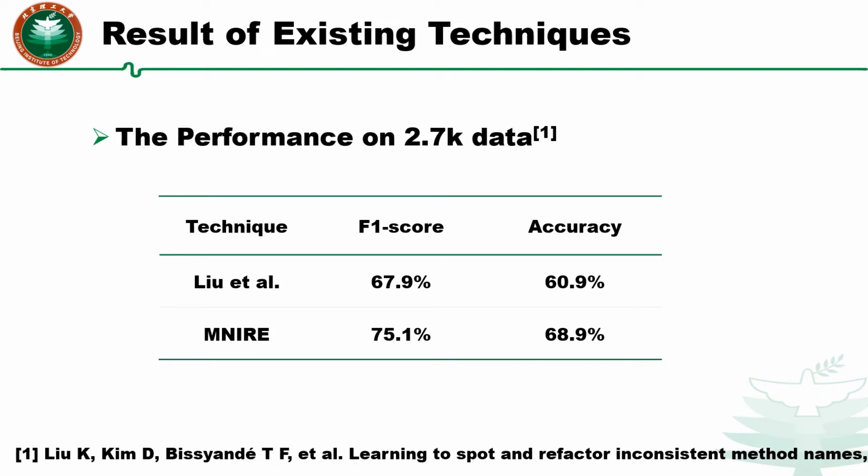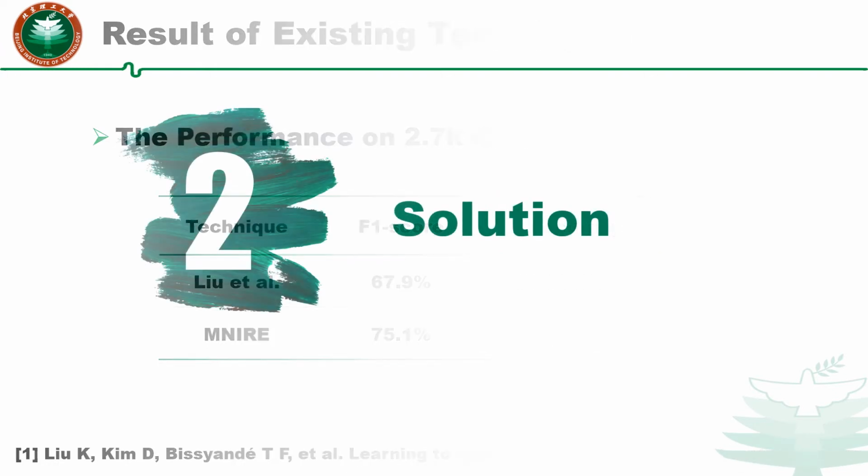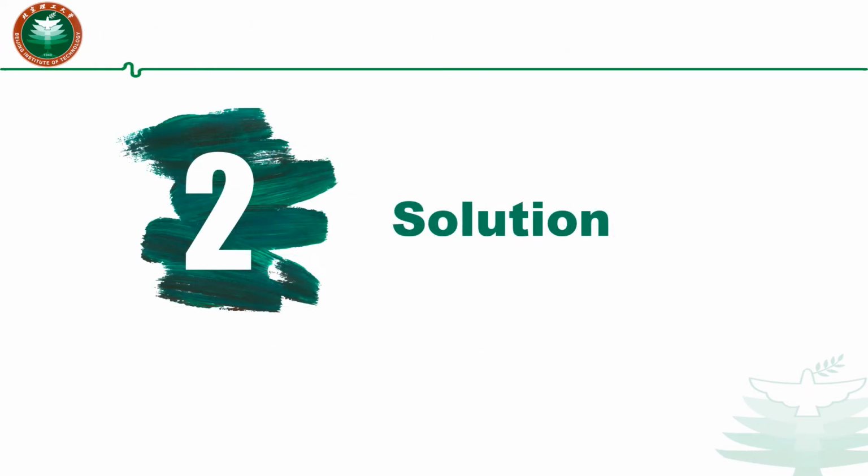However, there is still room for improvements because the accuracy is only about 70%. And in this paper, we proposed a more efficient approach to deal with the problem of automated identification of inconsistent method names.